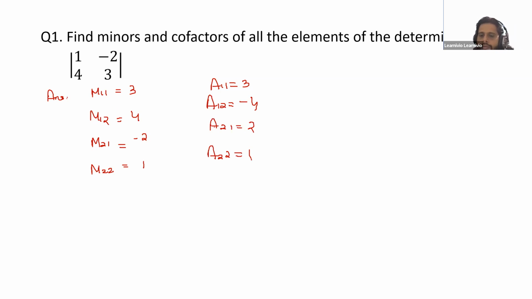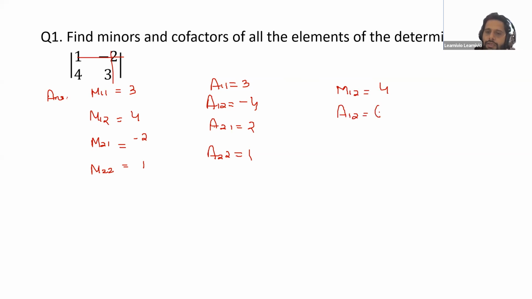Okay, Mazia, very good. Okay, Saf, very good. Abdur, A12. What value are you getting for M12? Checking first row, second column, we get 4. Now, what is A12?